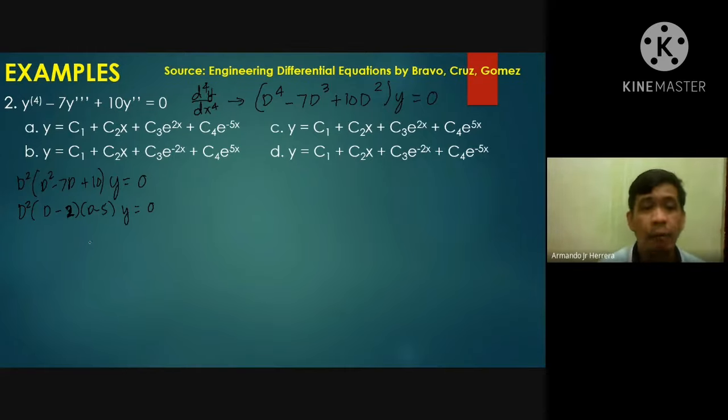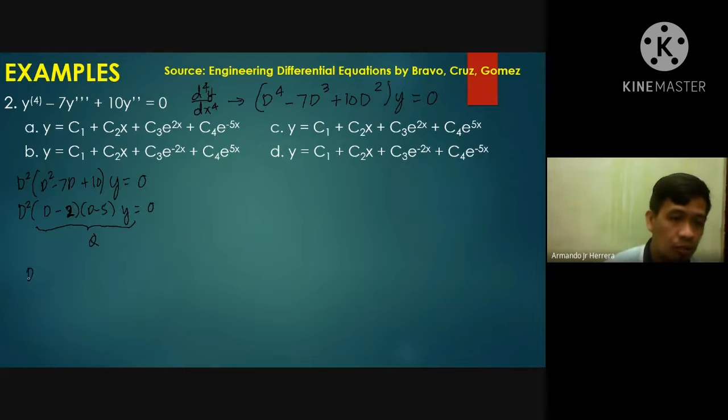So again, pwede natin siyang i-reduce into lower differential equation, lower order differential equation. So pwede natin itong i-let as q. So magiging itong d squared q is equal to 0.